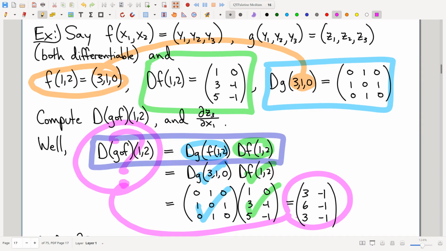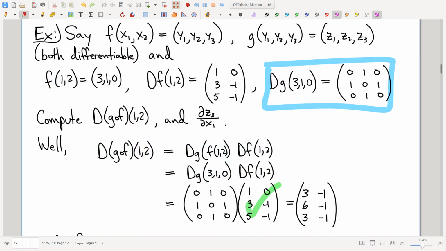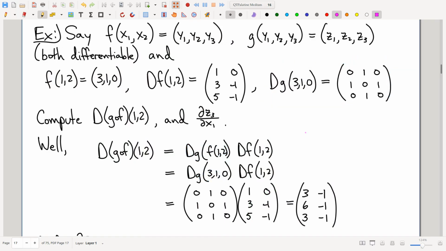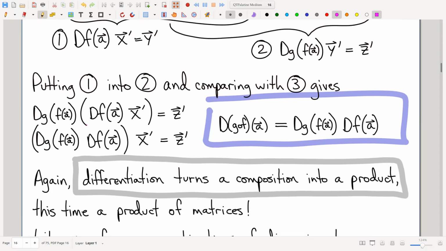All right. Now that was the first part of the question. Before I go on, I do want to point out a little tricky thing here. The question asked for a derivative of g compose f. The matrix form of the chain rule we have was written as g compose f. Sadly, not every pair of functions that you are given will be called f and g. And even if they are called f and g, you won't always have them in this order.